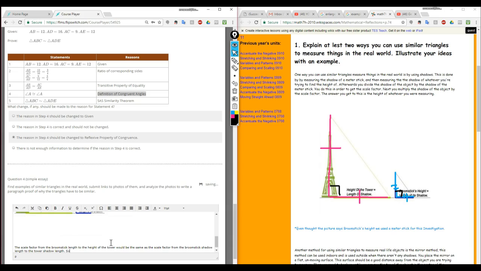So we have corresponding sides with the same ratios.